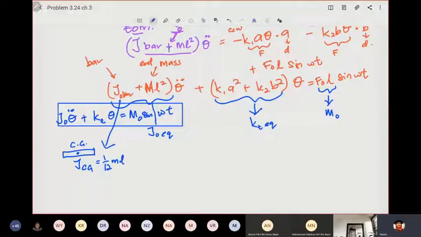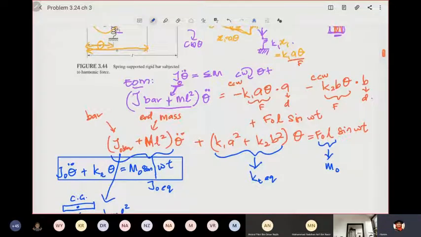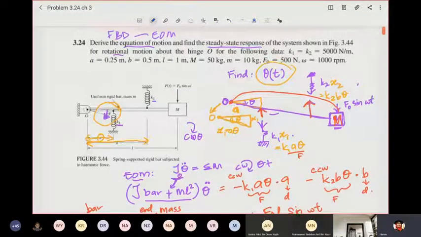However, where is your pivot point here? Is it at the center of gravity or no? No. Where is your pivot point here? At the end of the bar.